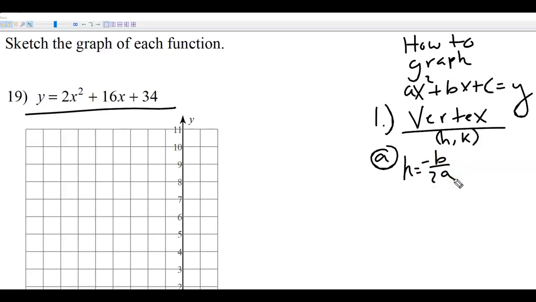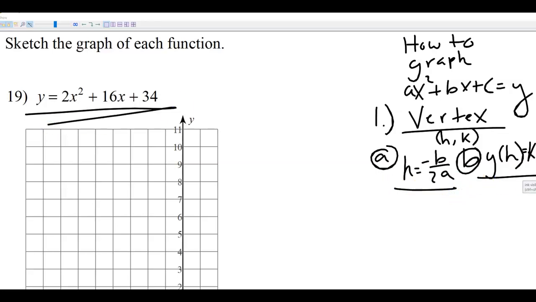And then to find your k value, k is what you get when you plug your h value into your equation. So after we solve for h here, we're going to take that answer and plug it into our equation to find out what the y value is. So y of h equals k.